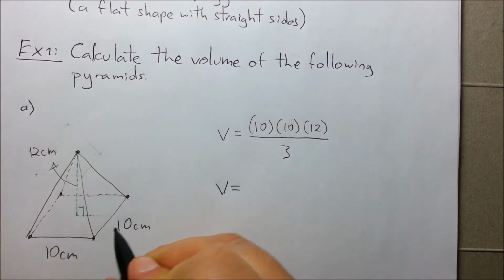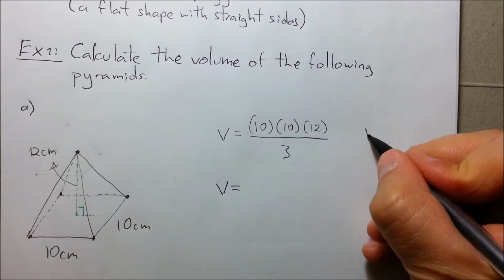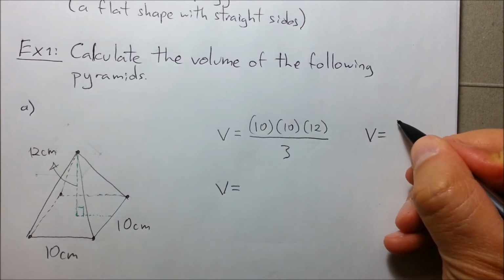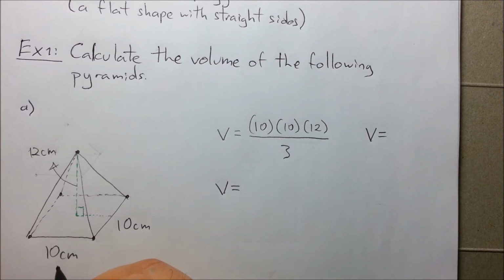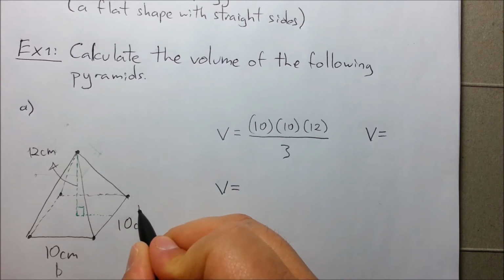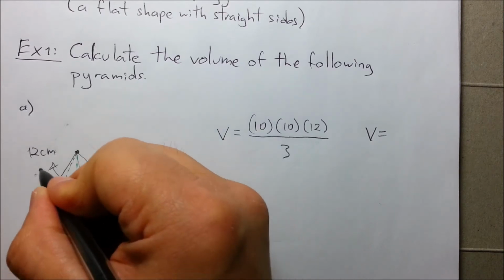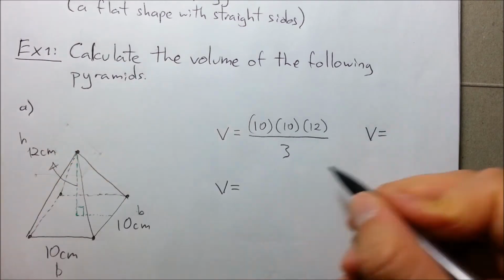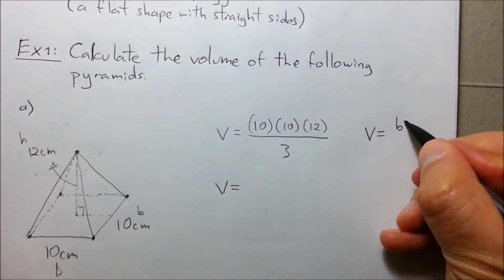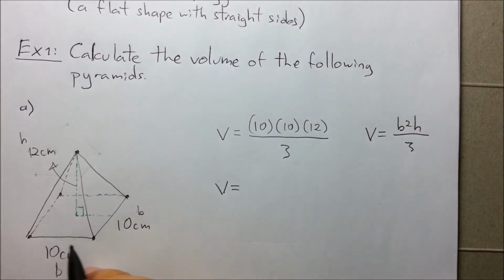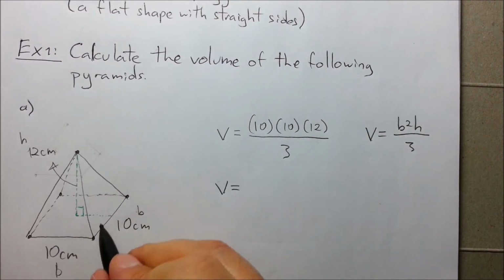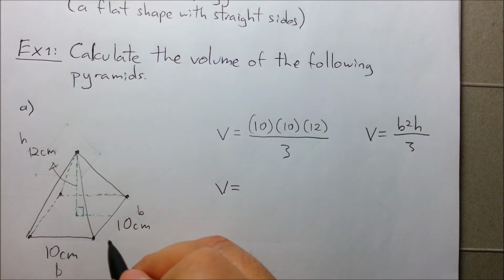Volume equals, and in fact, just to make sure of the formula in algebraic terms, we can call this A times B, or this is B times B. It happens to be the same, times the height, which is H, right? So we can have B squared times height divided by 3. This, in fact, is a square-based pyramid. All side lengths of the base are the same.